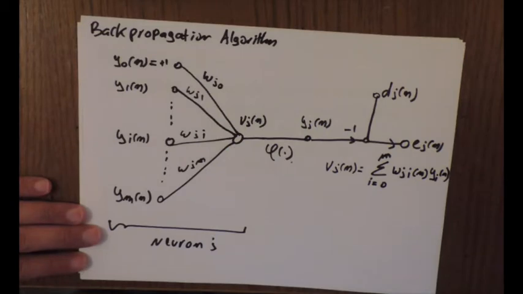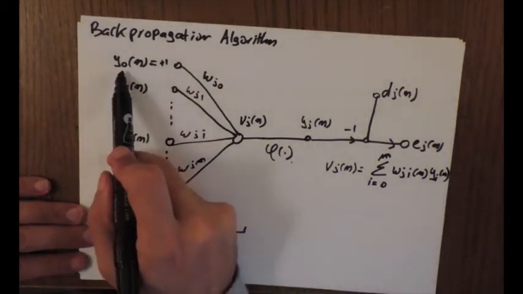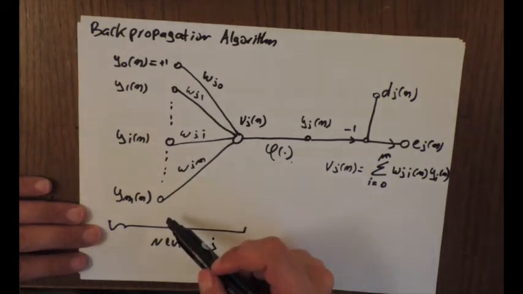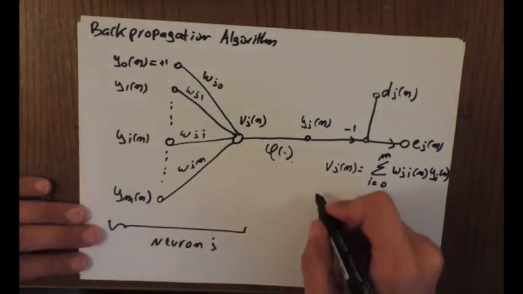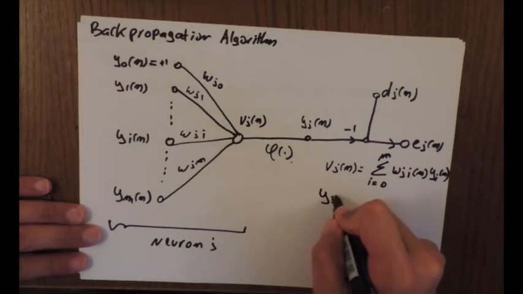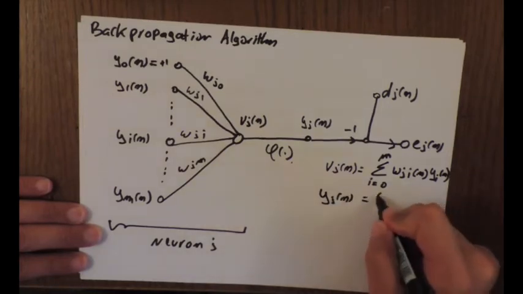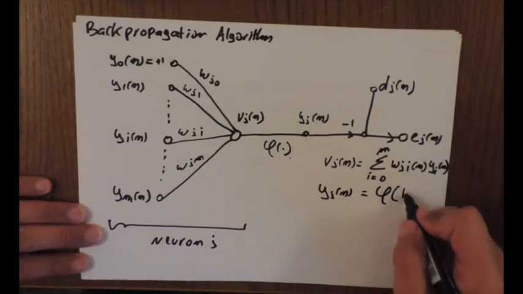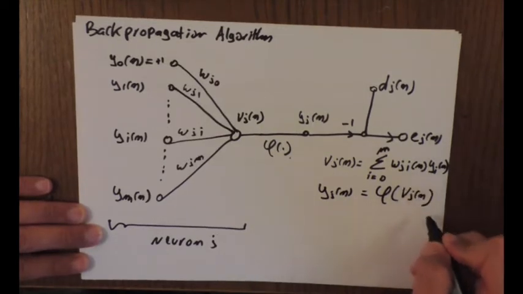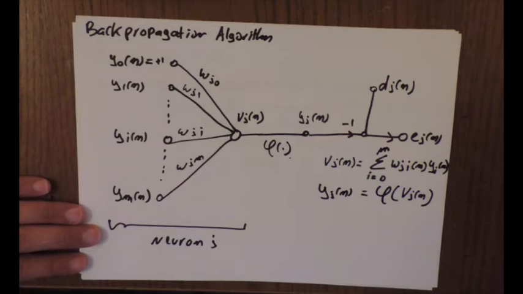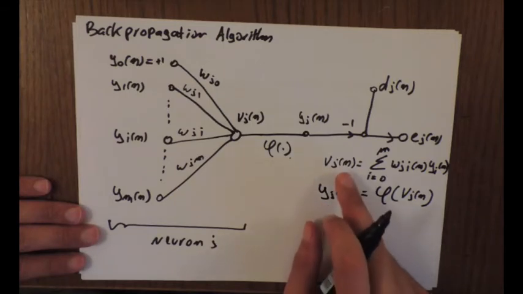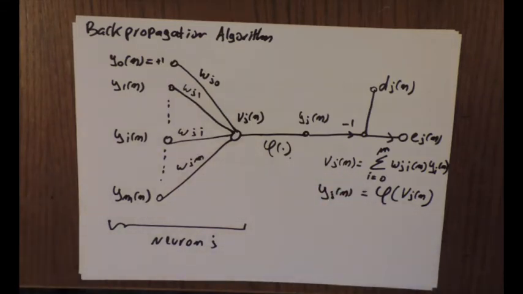So for each input, we multiply it with its corresponding weight, and we do the summation. Then y j of n is equal to the activation function, which can be sigmoidal or any of the activation functions that you want to use, and this is the computed output. So now we have the computed output, and we have the induced field computation.